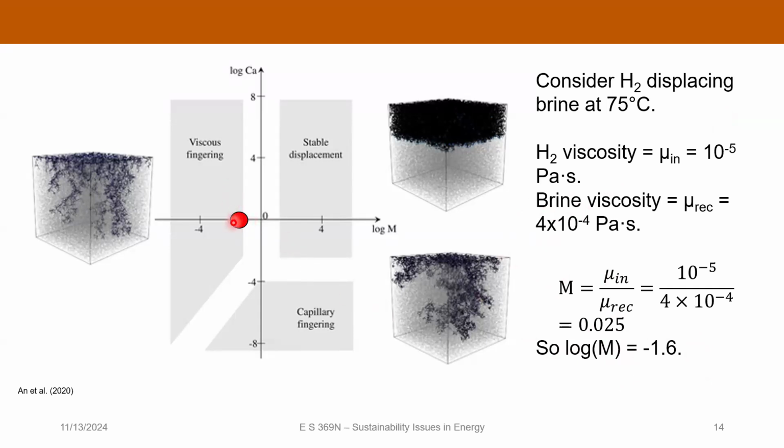And so the point here is that regardless of what your capillary number is, you're already starting off in kind of a bad position, that you can probably expect to have some amount of viscous fingering. So it's going to be difficult to use as much of the pore volume as you need to when you're injecting hydrogen.